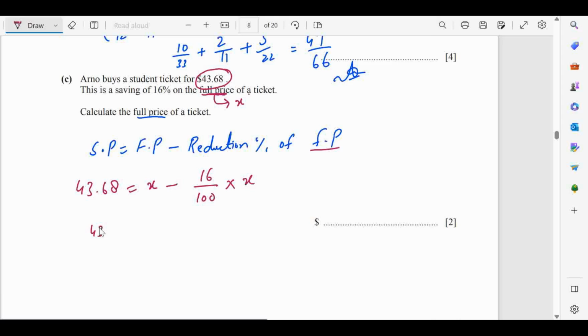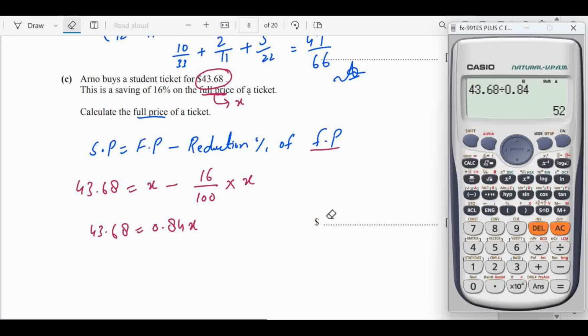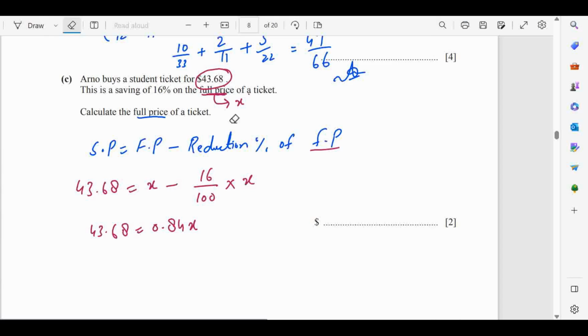So 43.68 is equal to 0.84x. So we can see that 43.68 divided by 0.84 will be equal to 52. So 52 will be the final answer.